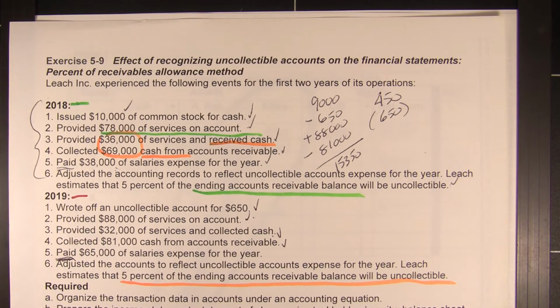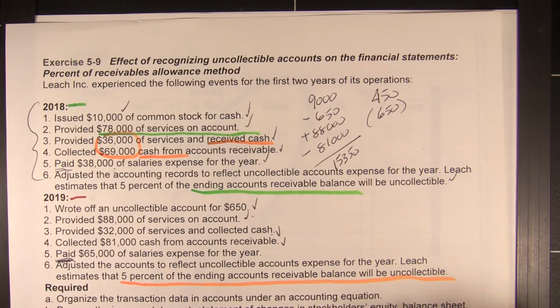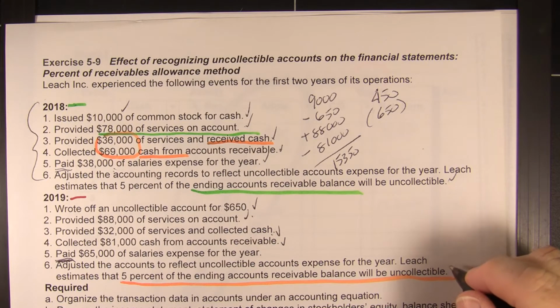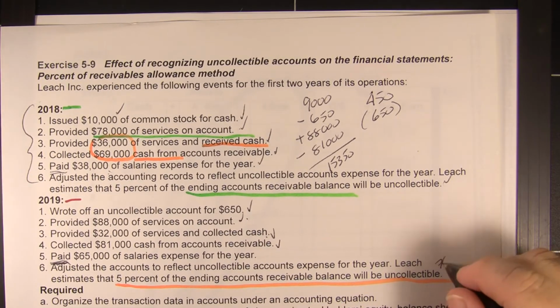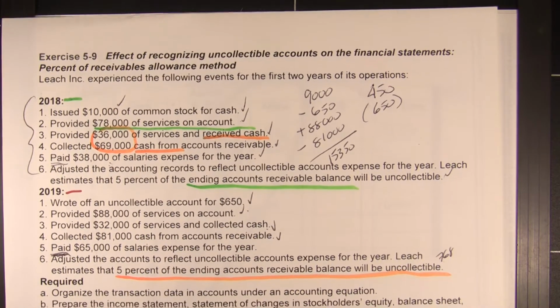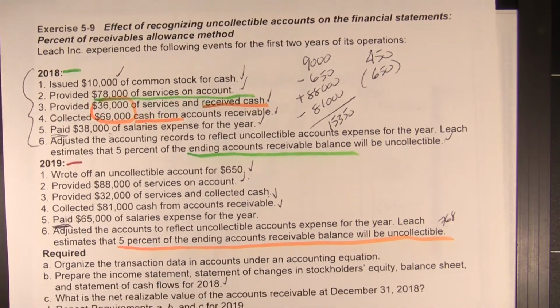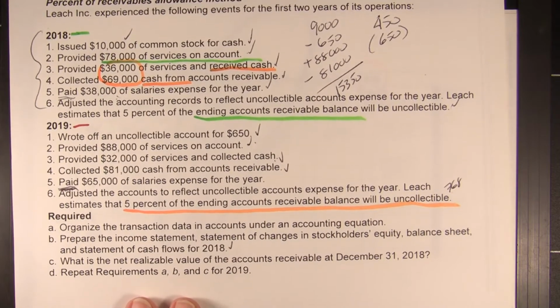We want at the end of the year this to be $767.50. $768. That's what we want to have when we're done. That's $768.